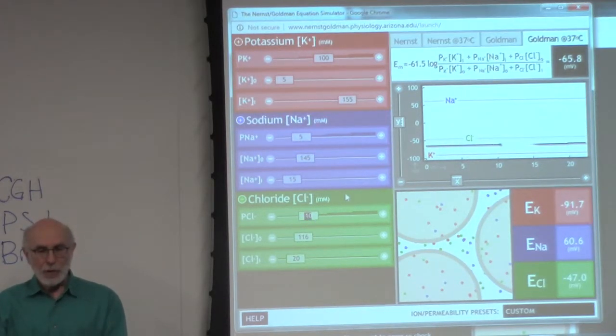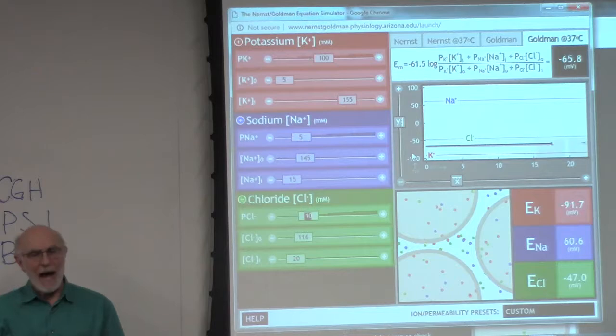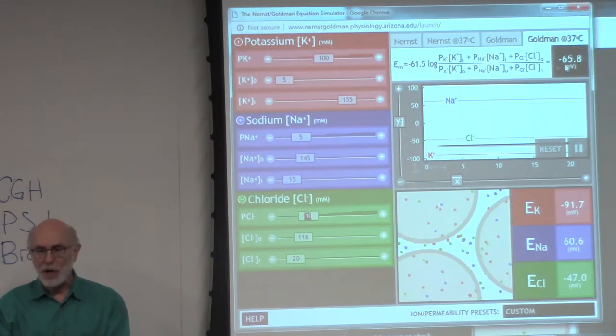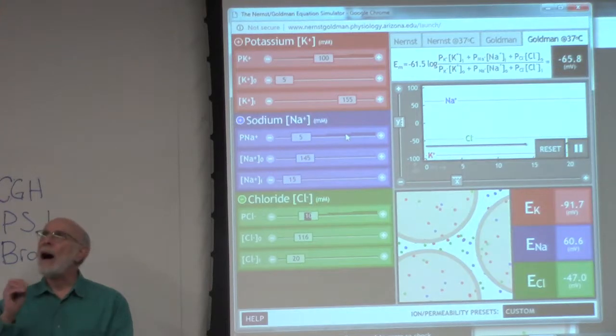If I ask you to take the membrane potential to another value, you'd have to decide how to do that. I think one of the questions says, at the peak of the action potential, the membrane potential is not negative 60 something, it's positive something. So how could I get this positive?